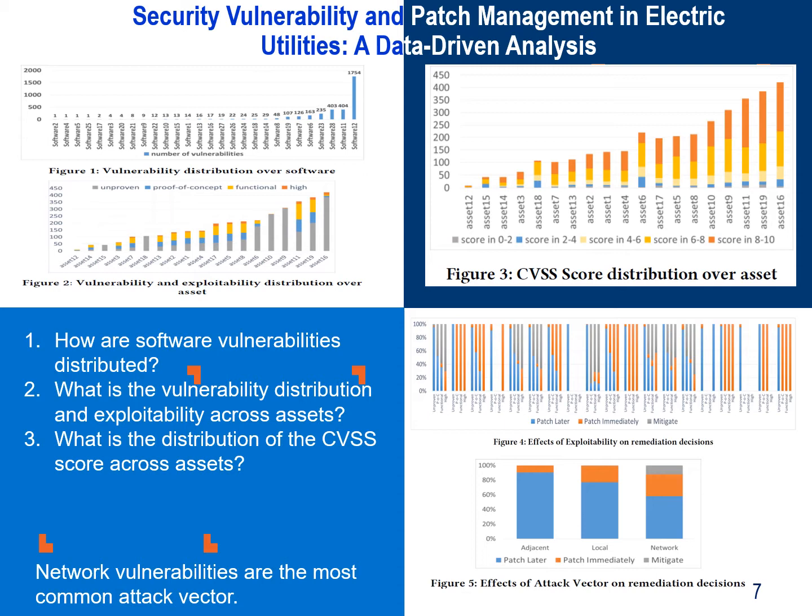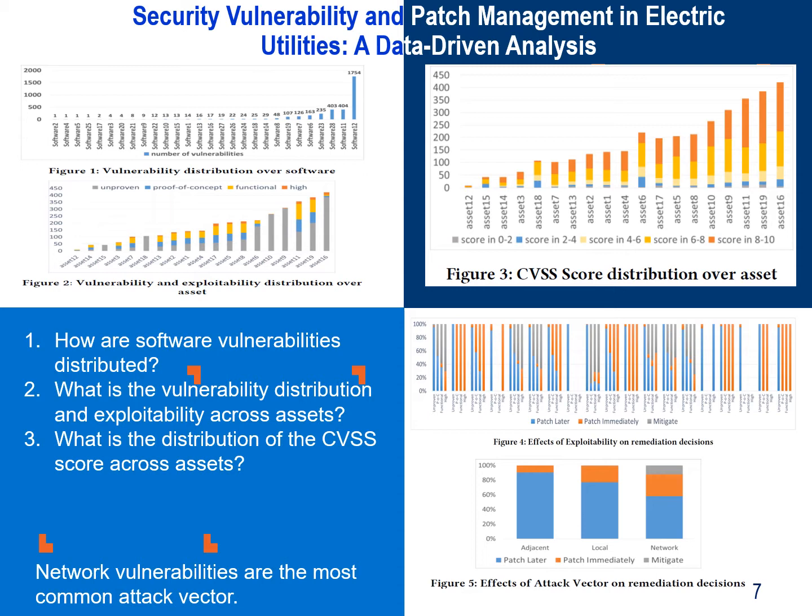Based on the dataset, the author investigates statistical characteristics of vulnerabilities. Figures 1, 2, 3 are the sum of the concerns that need to be answered. How are software vulnerabilities distributed? What is the vulnerability distribution and exploitability across assets? What is the distribution of the CVSS score across assets? The effects of exploitability on remediation decisions are visualized in Figure 4.